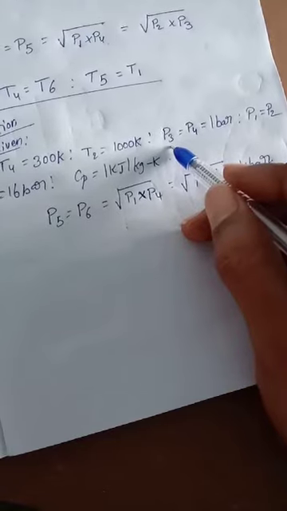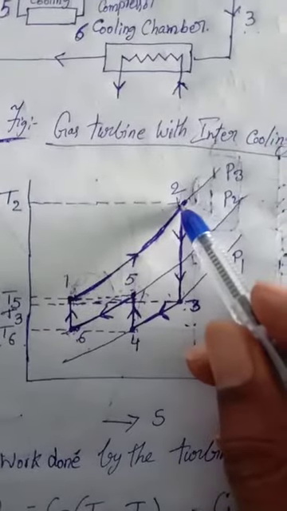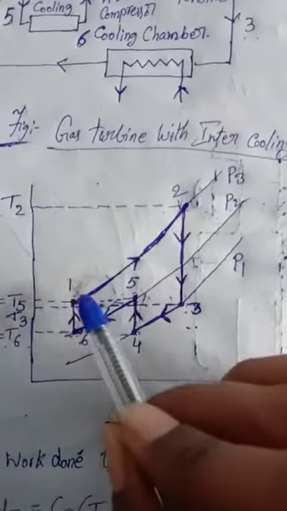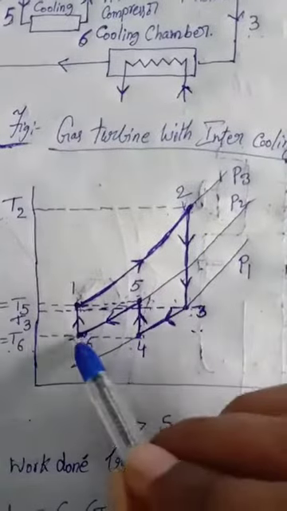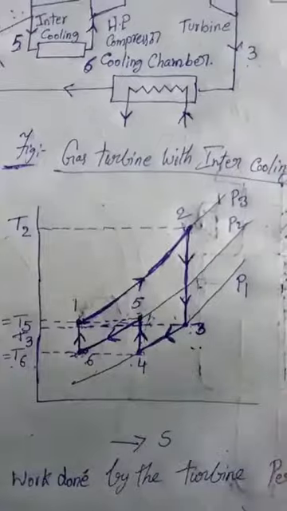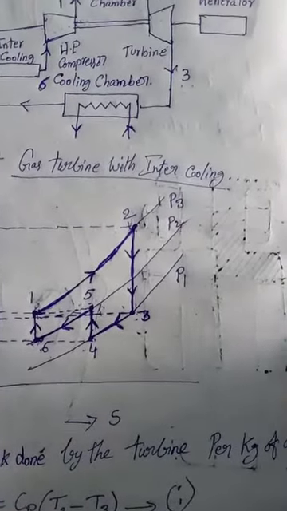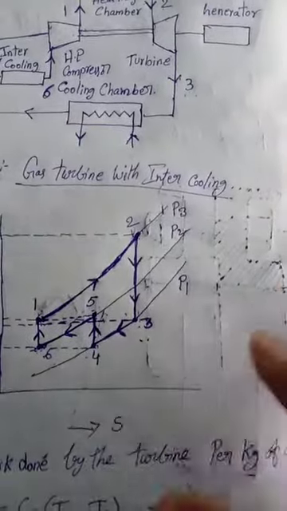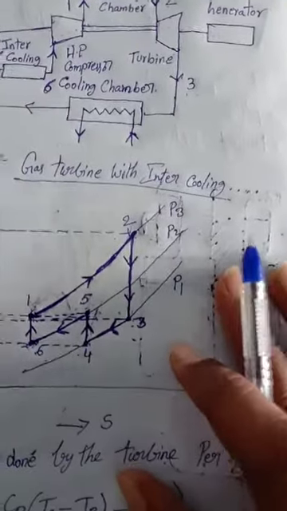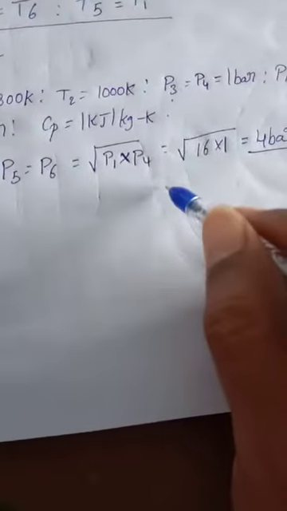P3 is equal to P4, constant pressure. At the same time, P1 is equal to P2, constant pressure. In the pressure diagram, you see this is constant, this is constant, and this is constant. Okay, pressures are okay, right? In this problem we are going to see the same diagram, and I'm going to draw it again here.